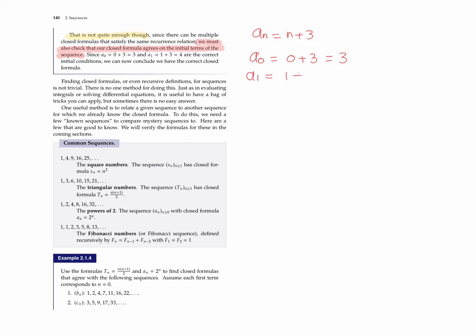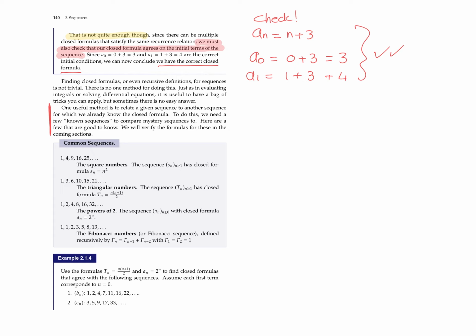Well, a1 was 4, and 1 plus 3 is indeed 4. So it works for the initial conditions. Since it works for them, we can conclude that we have the correct closed formula. So the key word here is check. Check that you are on the same page as what is expected in terms of closed and recursive formulas.